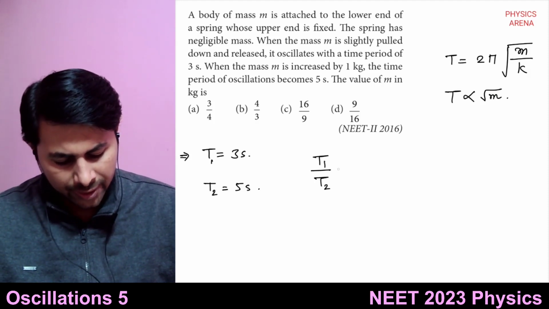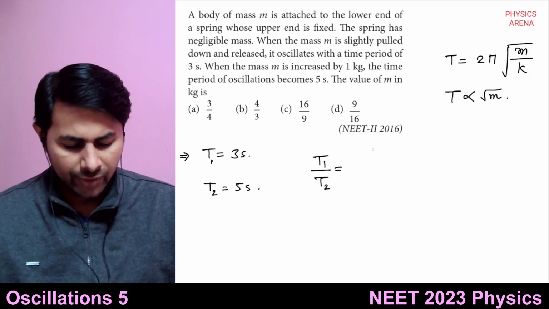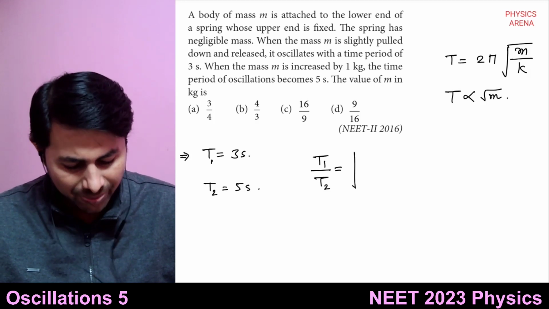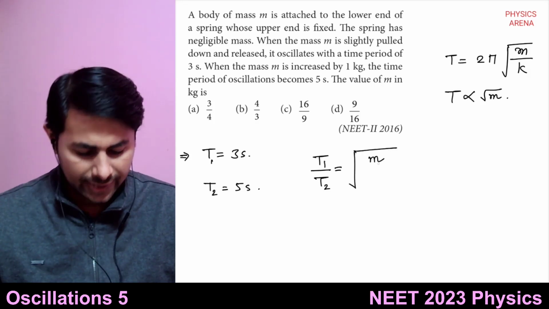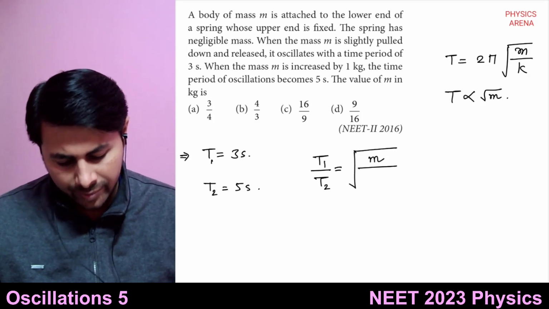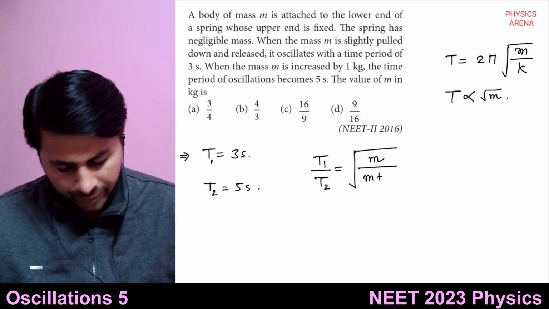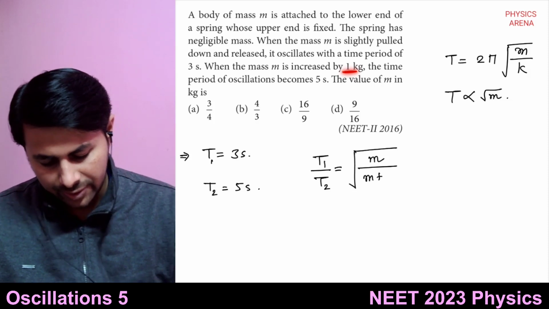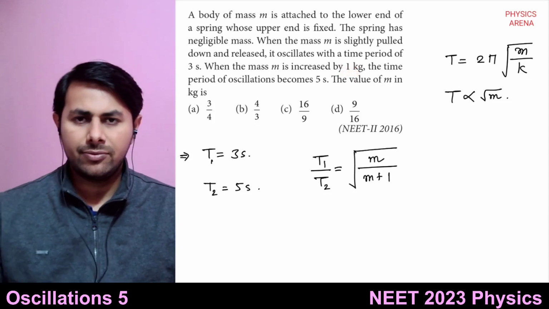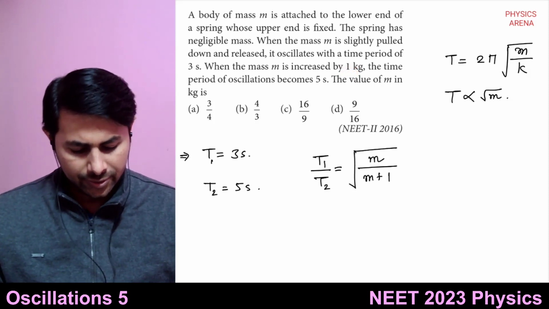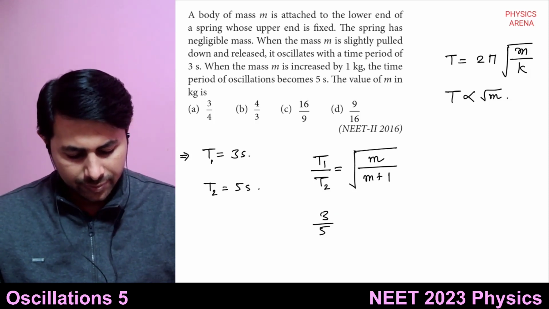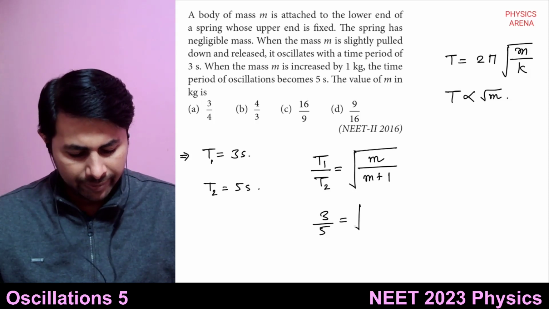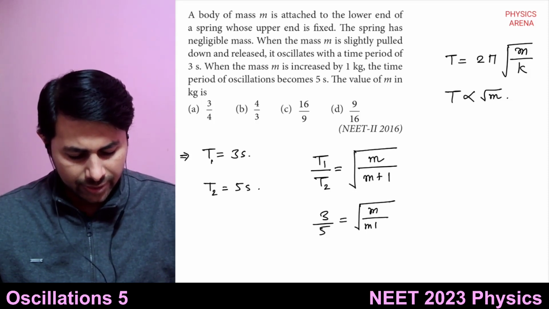So T1 by T2 equals root of m1 upon m2. At first you have mass m only. Second time you have m plus 1 kg. So 3 by 5 equals root m upon m plus 1.